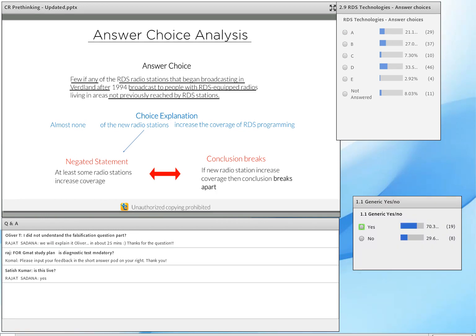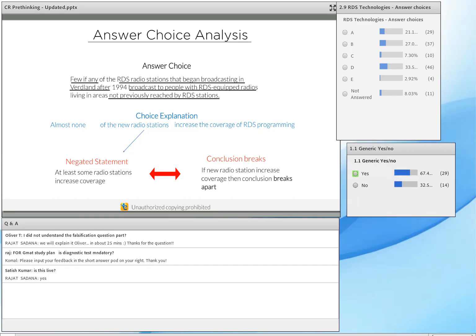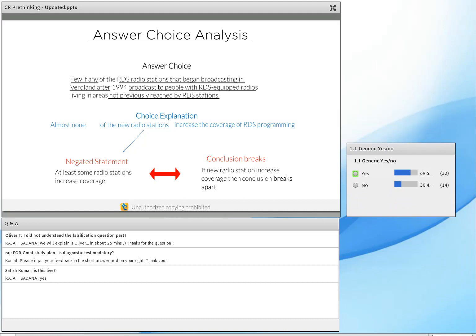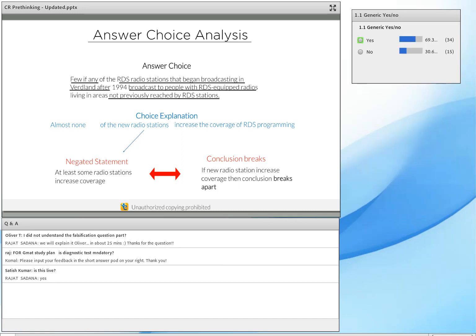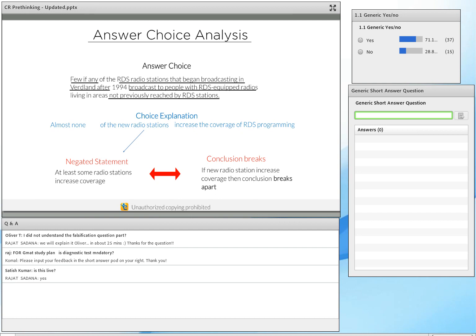Is this clear? And for those of you who are saying no, it's not clear, which aspect is not clear? But 70% of you get it. The other 30 odd percent, what part is not clear? Can you put your question over here?